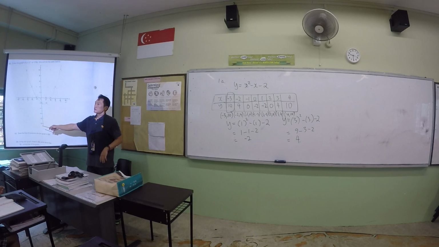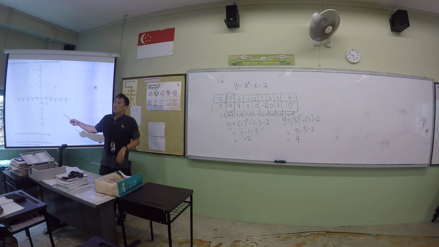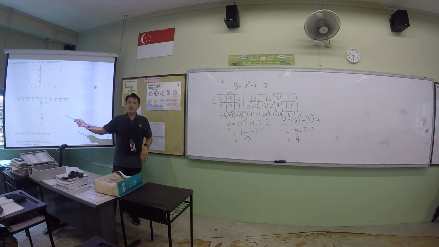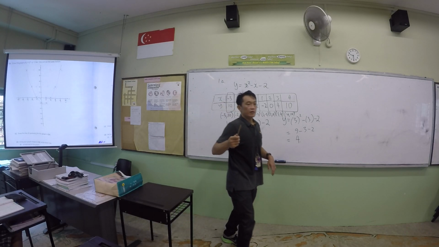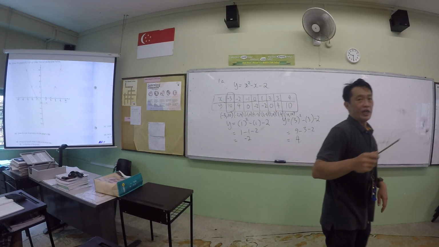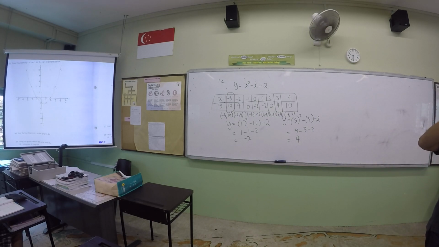Haris, draw the line of symmetry. The line of symmetry, we touched on it last lesson. The line of symmetry is where your graph is reflected, like a mirror.